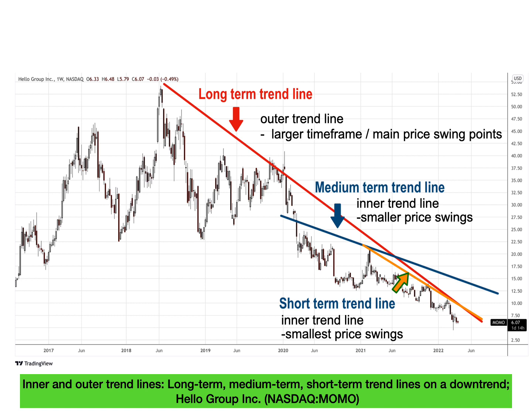So it has a larger time frame and connects the major price swing points. The medium-term trend line is an inner trend line. It has smaller price swings. It's shown here in the blue line.